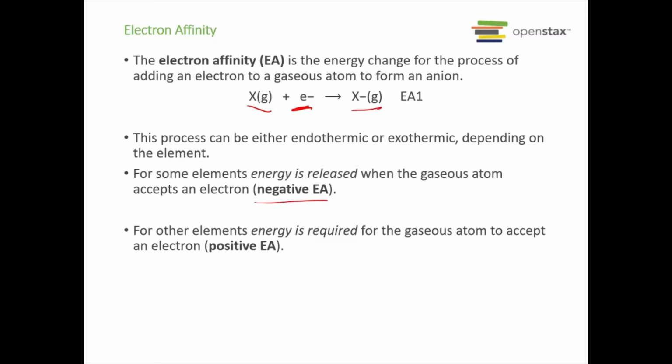Other elements, you have to put in energy, so it's positive energy and positive electron affinity. So negative electron affinity is when you have energy being released when the atom takes an electron. A positive electron affinity is when you have to put in energy for the atom to accept the electron.